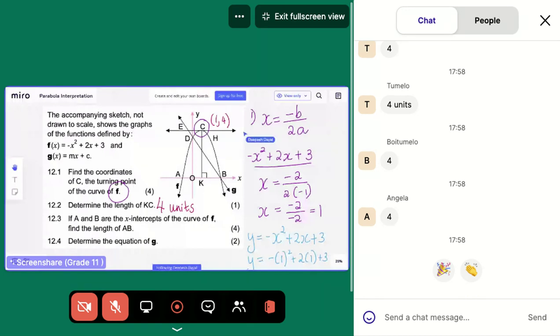We use a specific method in mathematics. What do we call that method? Because it's the x-intercepts, remember?